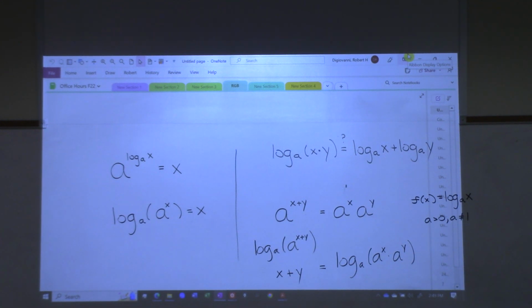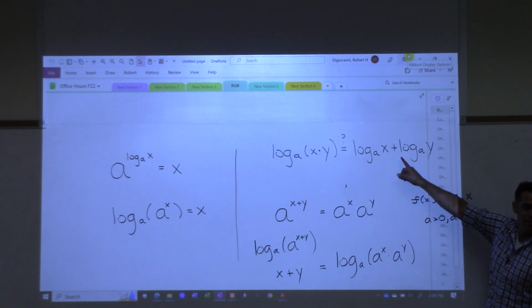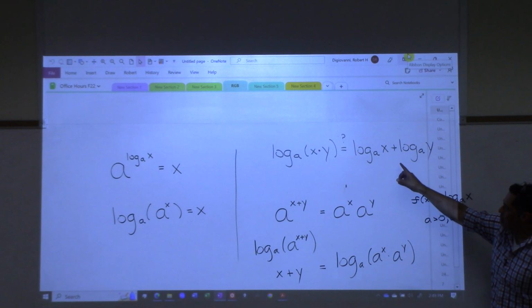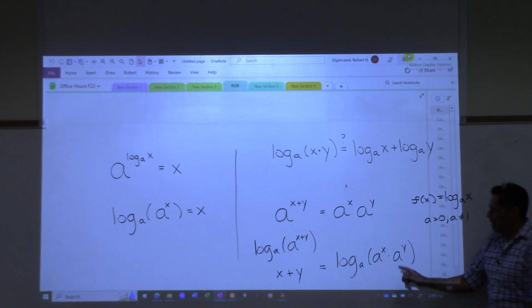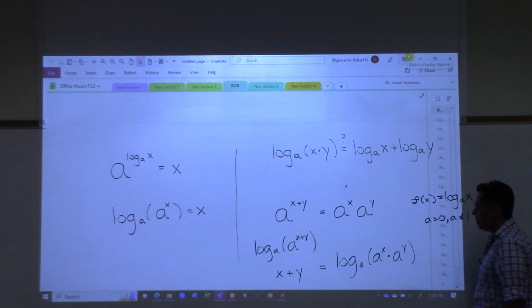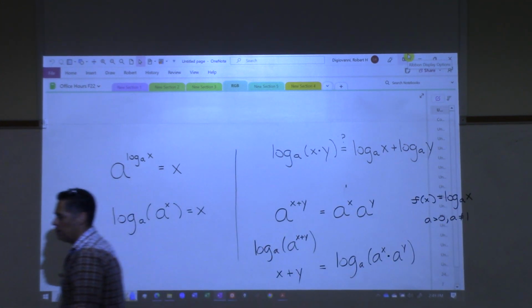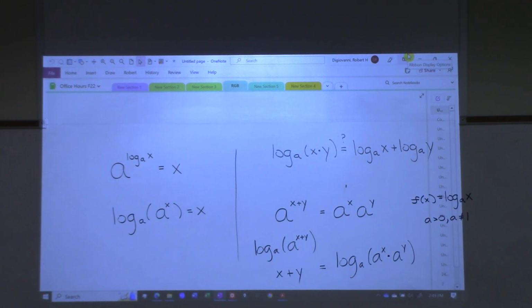Well, you can't use the property we're trying to show, right? This right here, we can't split it into 2, can we? Can you though? This is multiplication. So what can I do?